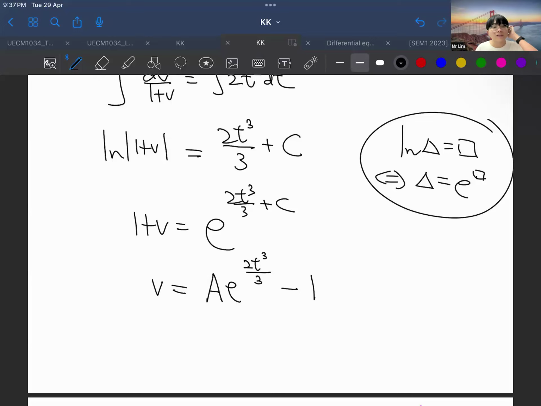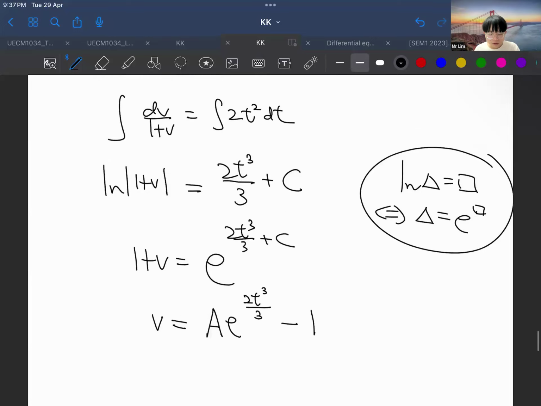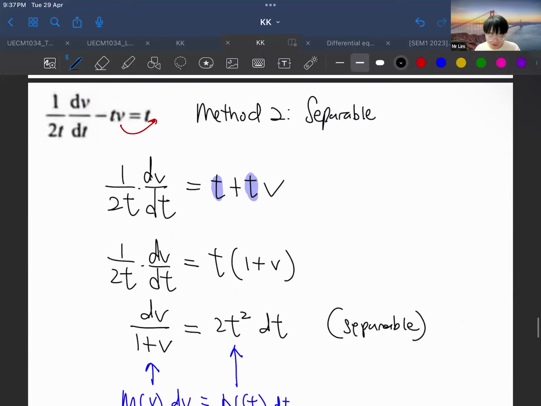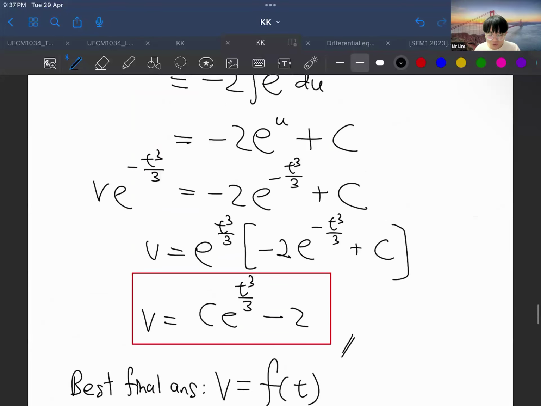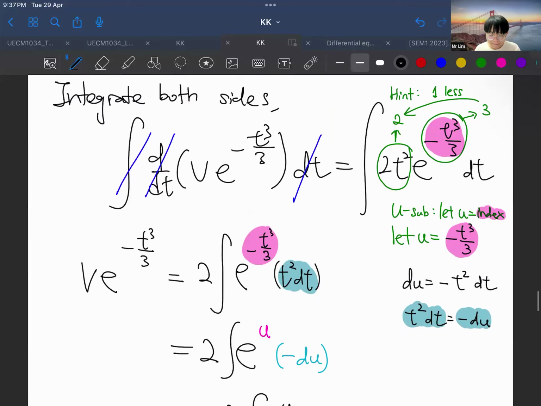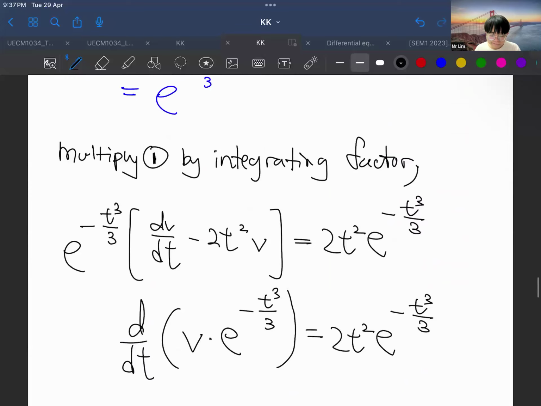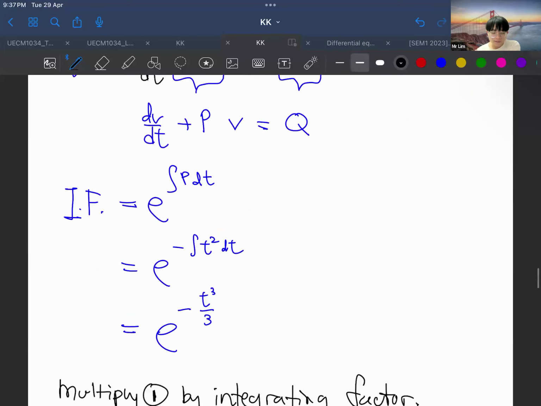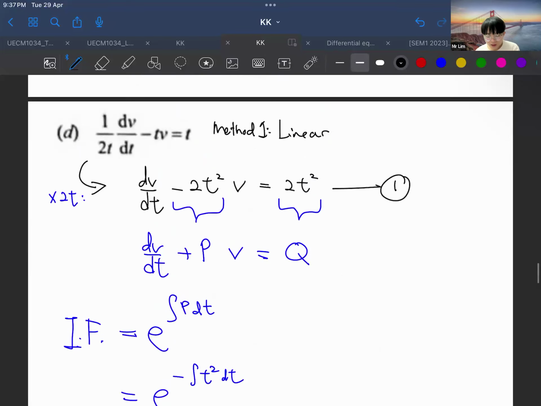I'm getting a different answer now. I'm thinking why. Let's figure it out. Let me check through the process. Where did I do wrong? Let me just double check. Minus 2t squared.